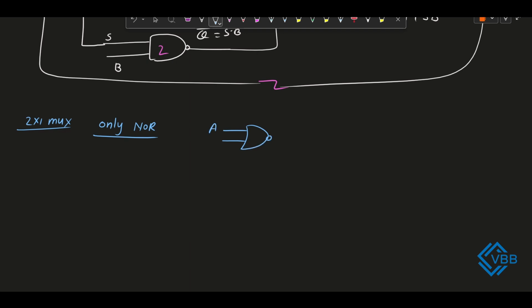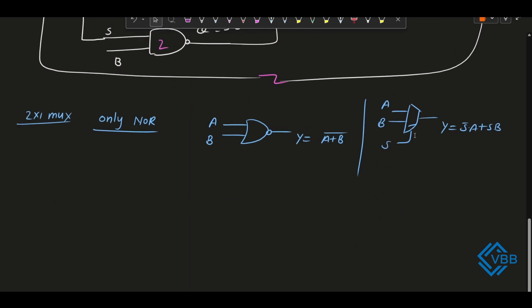As you all know, if there are two inputs A and B, then we will get the output expression as A plus B whole complement. And also we will write here the MUX output for clarity. If there are two inputs A and B and the select line S, then we will get the output as S complement into A plus S into B.